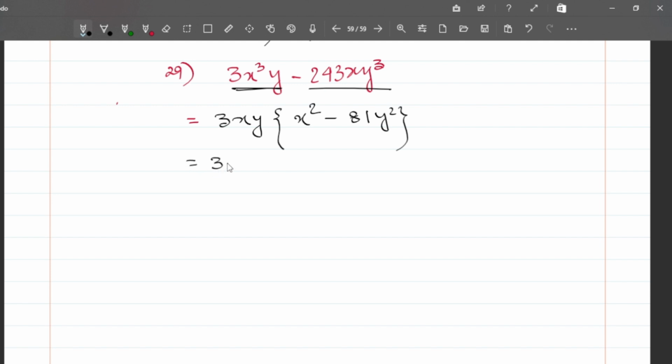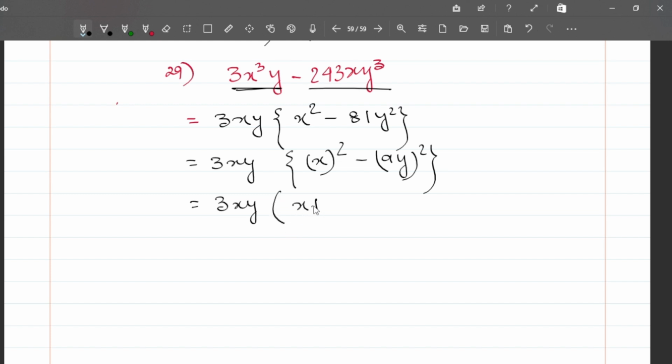So hope now you clearly understood about this formula. So expand x plus 9y and x minus 9y. So that is your answer.